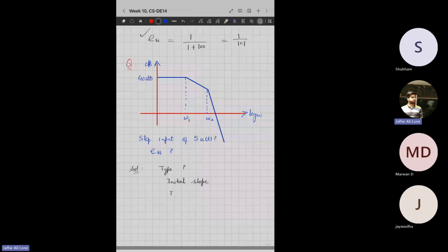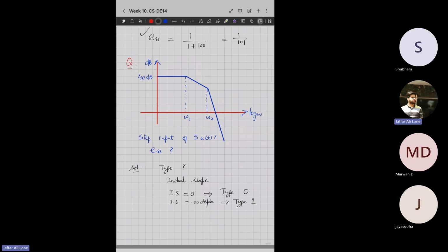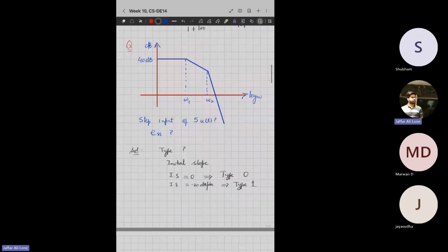If the initial slope is 0, then type is 0. If the initial slope is minus 20 dB per decade, then you have one pole at the origin, then type is 1, etc. Type is given by the number of poles at the origin.